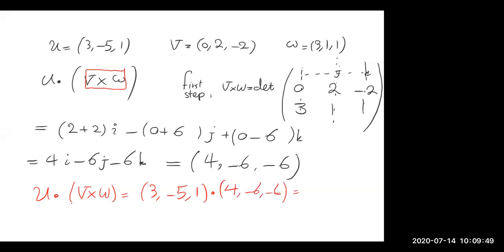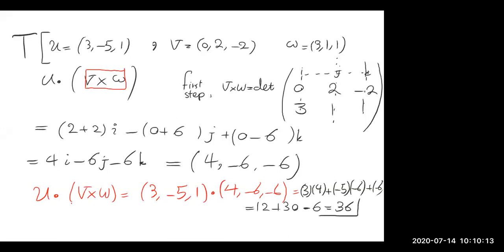The inner product would be 3 times 4 plus -5 times -6 plus 1 times -6, which would be 12 plus 30 minus 6. It would be 36. 36 is the triple product of these three vectors. That's the way to compute the triple product.